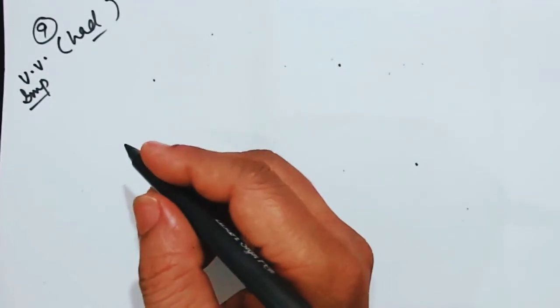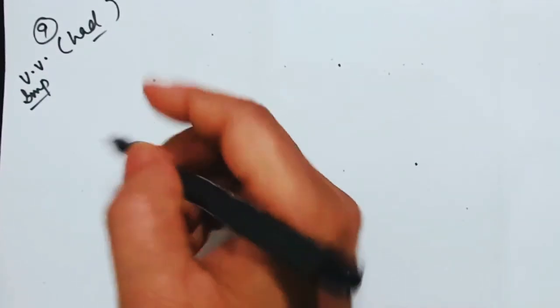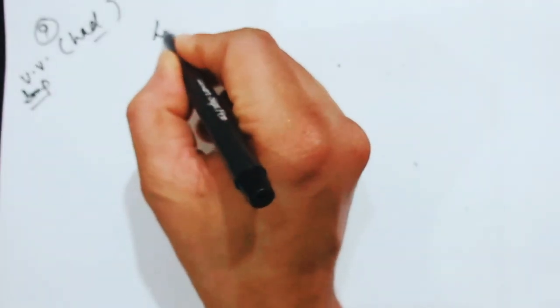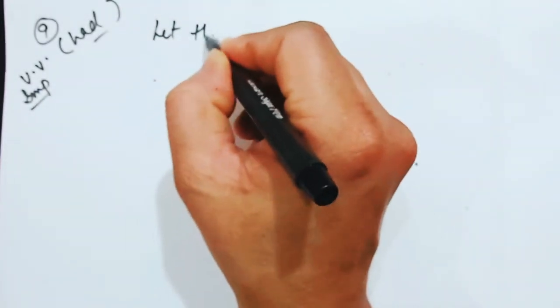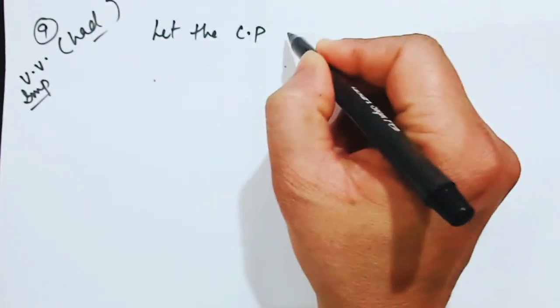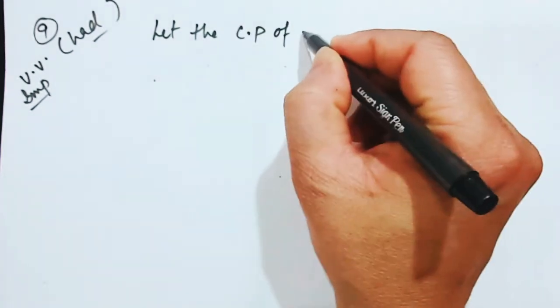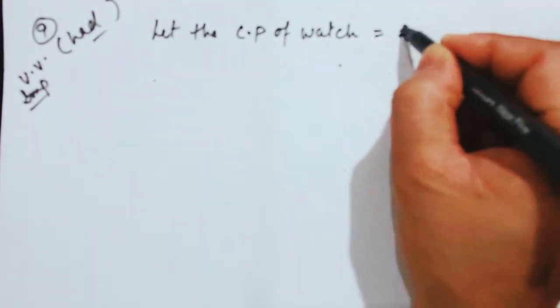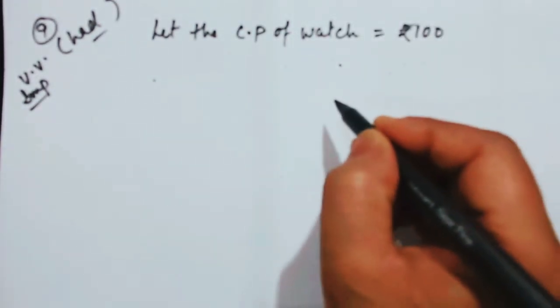Raju sells a watch at 5% profit. Had he sold for rupees 20, so have they given you the cost price? No. So let the cost price of a watch be equal to rupees 100. Since the value is not given, I have taken 100.